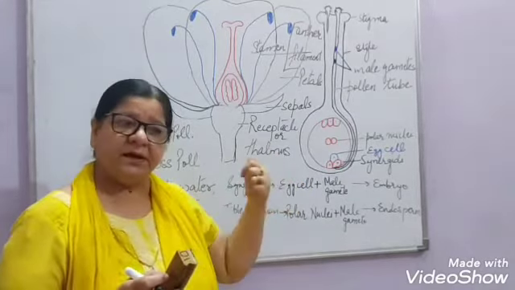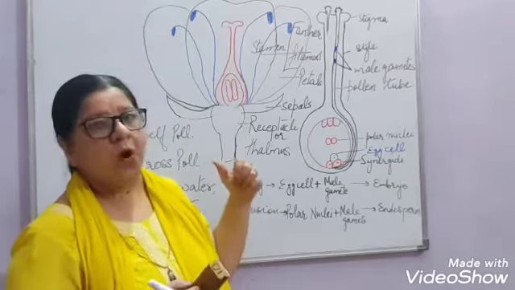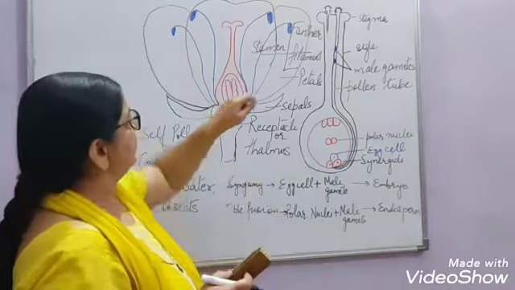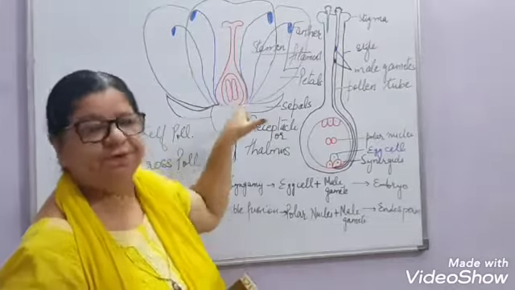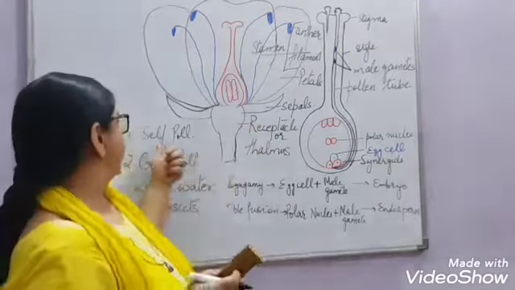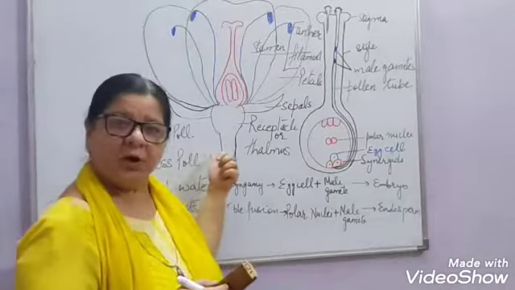Or in aquatic plants it takes place through water. So when it falls from the anther to the stigma of the same flower, it is known as self-pollination.